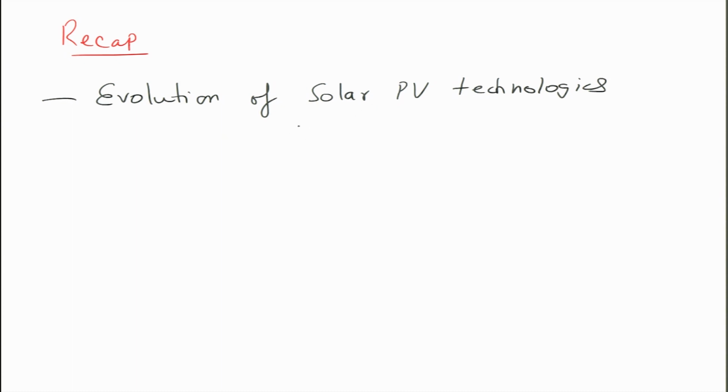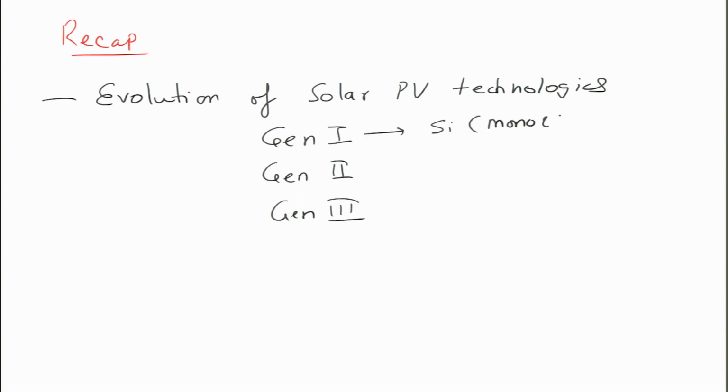The way it goes is first we have Gen 1 technologies, then Gen 2, and then Gen 3. Gen 1 is silicon, primarily based on mono and multi crystalline. Then we have gallium arsenide.